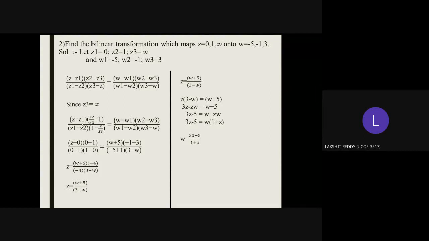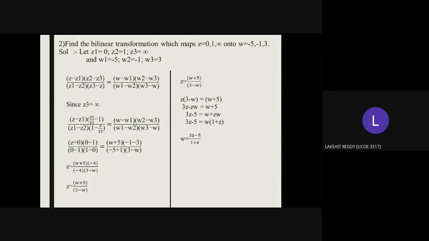So now divide numerator and denominator by z3. You will get the equation (z minus z1)(z2 upon z3 minus 1) upon (z1 minus z2)(1 minus z upon z3) equals (w minus w1)(w2 minus w3) upon (w1 minus w2)(w3 minus w). Any term divided by infinity directly becomes 0.